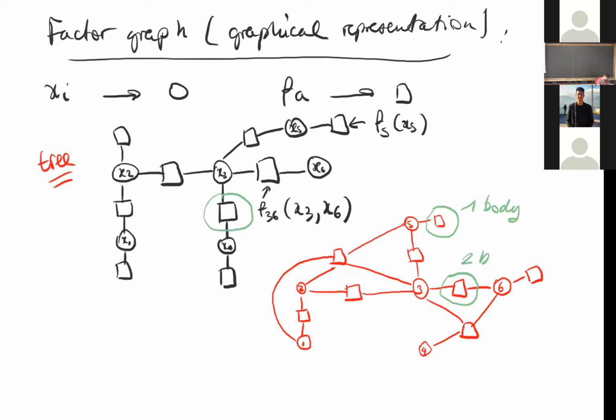These are two-body interactions, because they are pairwise interactions. They depend on two variables. This is a four-body interaction. You just need to count the number of edges that go out of the factor, and you know the number of variables on which it depends. This is what we call a four-body interaction, for example.